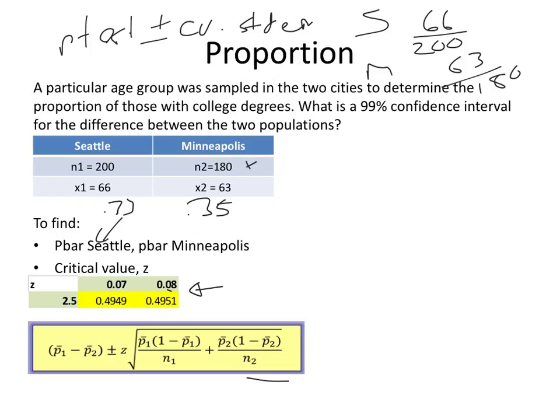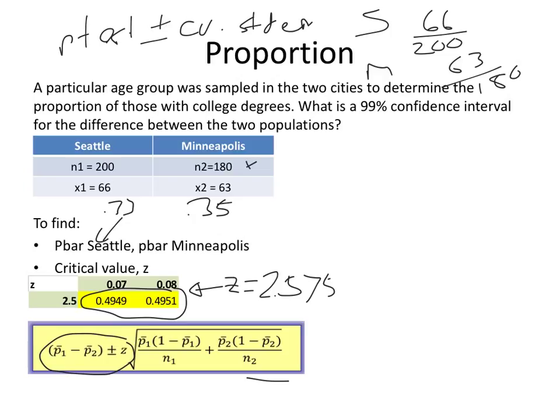So we find two values that are equally split. So our critical value z is going to be equal to 2.575, just splitting the difference between 2.57 and 2.58. Okay, so now we have this portion.